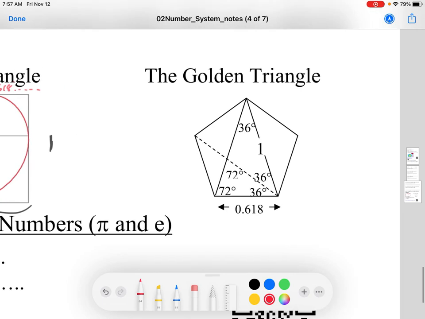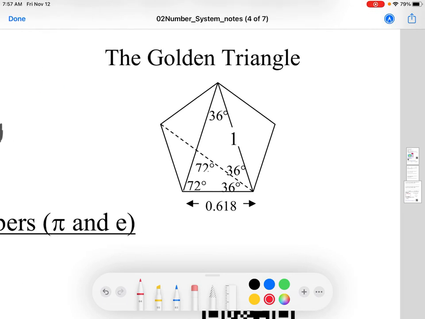So the golden ratio also shows up in the golden triangle. Okay, so the golden triangle can be made by making a regular hexagon, and the length of one side to the length of the equilateral triangle made inside, that is a 1 to 1.618 ratio. And that is a golden ratio.